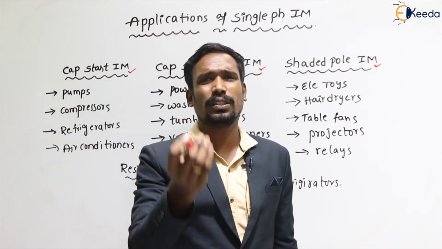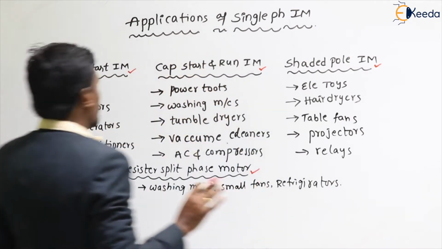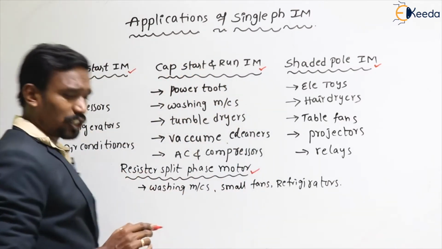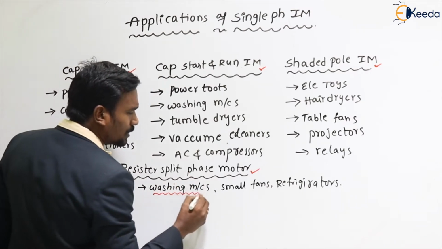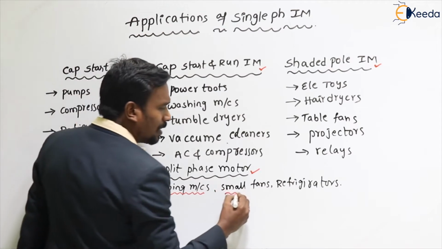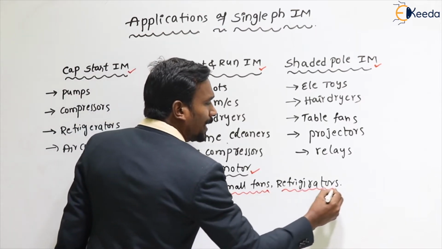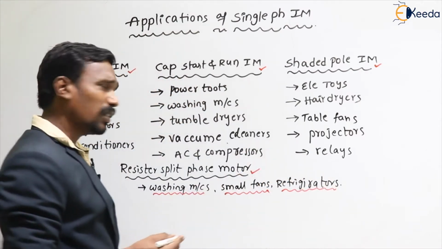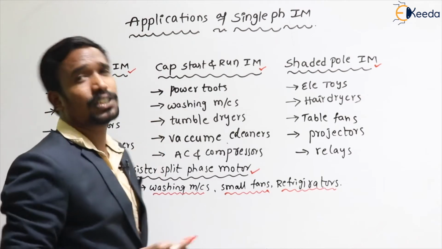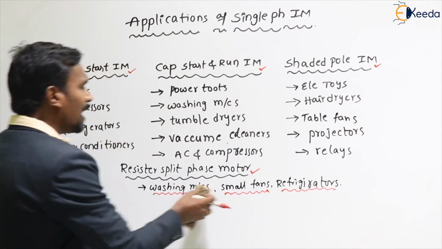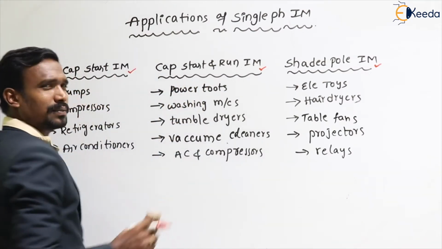Other than that, resistor split phase induction motors are used in washing machines, low rating fans, small fans, and low rating refrigerators. Like that, we are using resistor split phase induction motors.